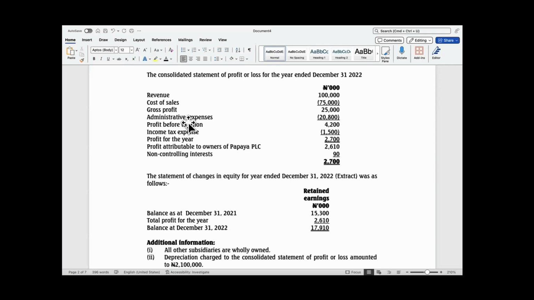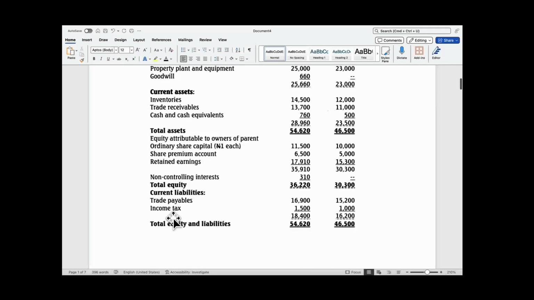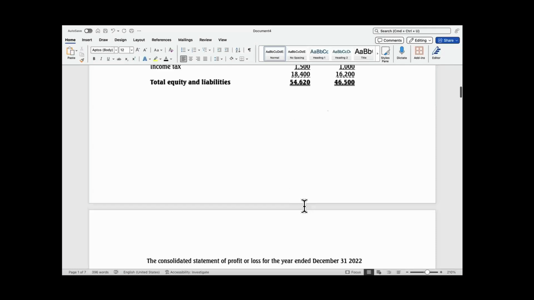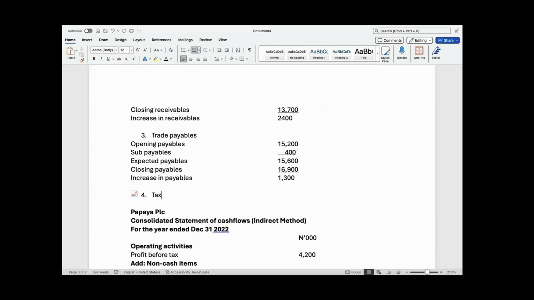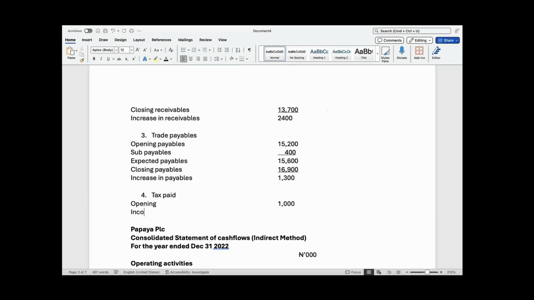It's the same thing. So our income tax, how much was our tax here? Opening 1,000, closing 1,500. So the same methodology that you have been using, I need to get my tax paid. What's my opening tax? 1,000. What was my income tax expense in P&L? 1,500.